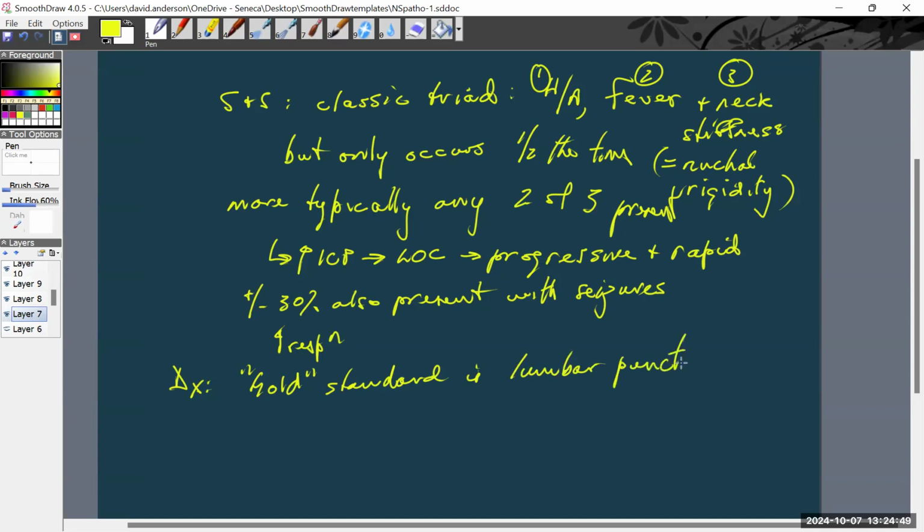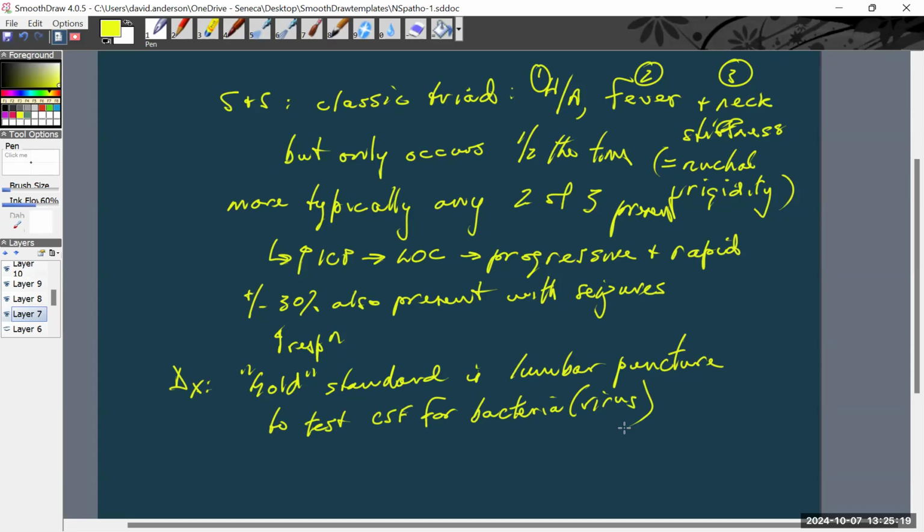Not sure how aware you are of what a lumbar puncture entails, but basically this is testing the contents of the cerebral spinal fluid. Basically, most common is an insertion between L3 and L4.